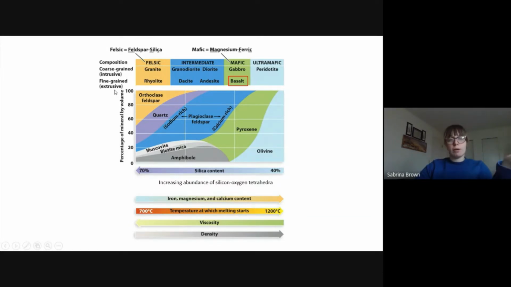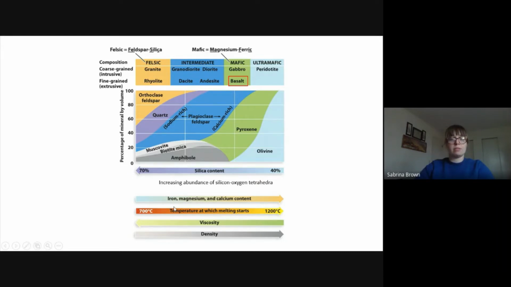And if it formed above ground, we get something called fine-grained, and we get a different rock name. So notice that we use both composition or color and the formation mechanism or the texture to identify our rocks, right? The percentage of minerals in each of these varies based on composition.